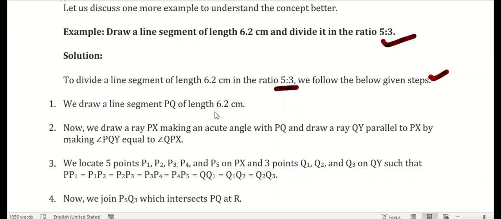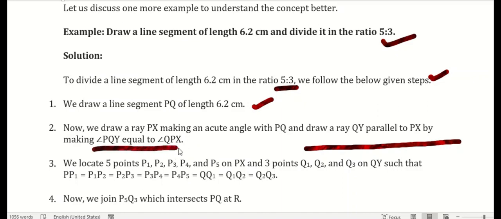We draw line segment PQ of length 6.2 centimeter. Suppose take a scale and draw this one. Now we draw a ray PX making an acute angle with PQ and draw a ray QY parallel to PX by making angle PQY equal to QPX. Here is the main point.